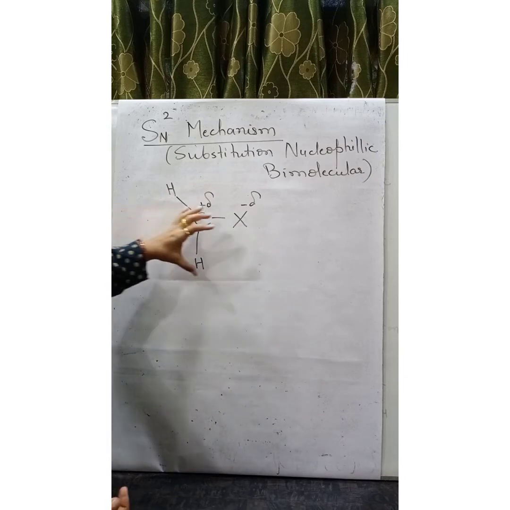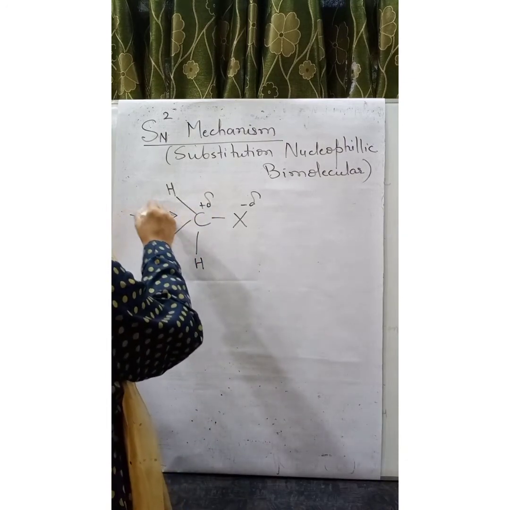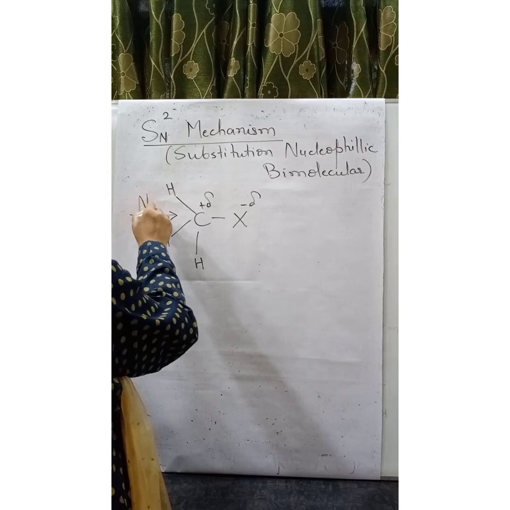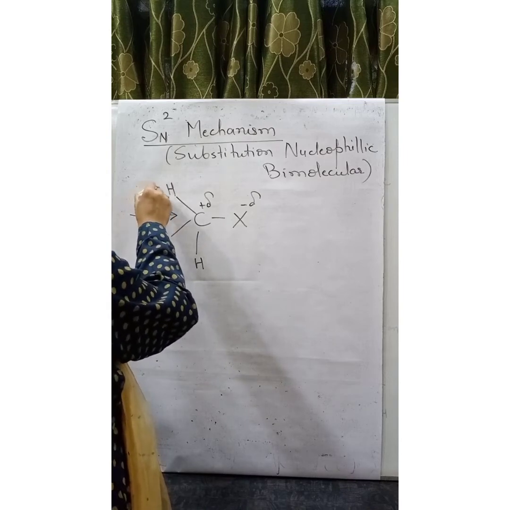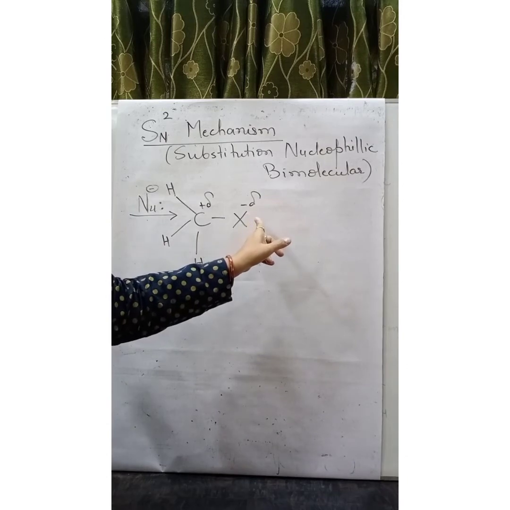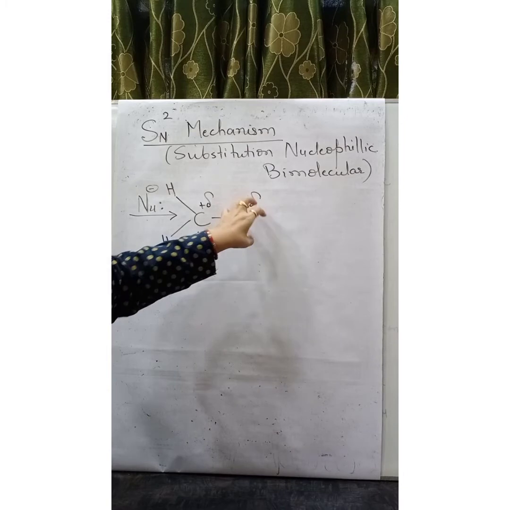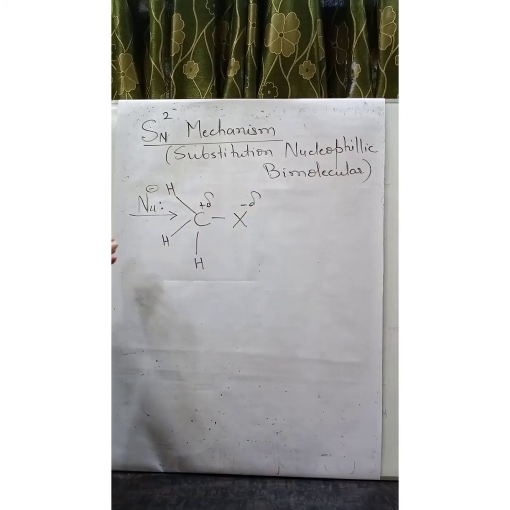Now in this case, the nucleophile attacks from the backside, because if it attacks from the front side, it will face repulsion by this electronegative halogen group. So it attacks from the backside.